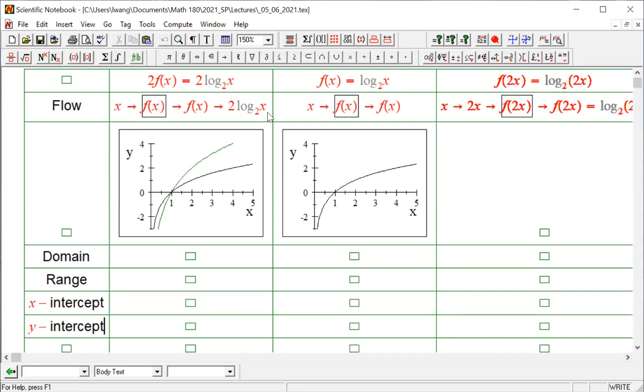So this is a doubling. For the same input, you double the output, right? So for 2, the output was 1, now the output is 2, right? Doubled. It's the doubling effect. Do you guys see that? The input was for log base 2 of x, it was this high.